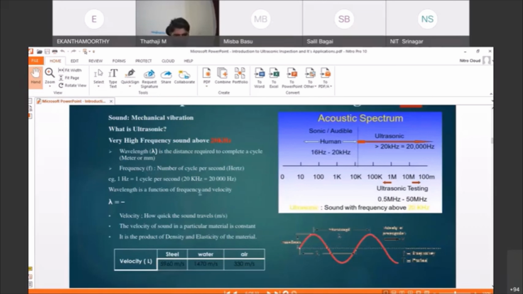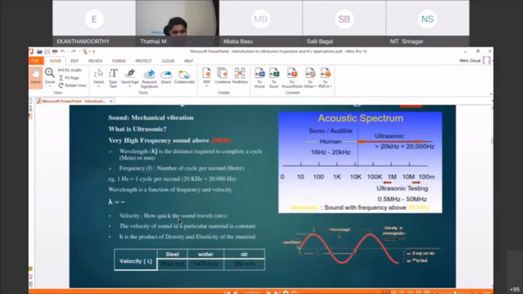And this relation is lambda equals V by F. Regarding velocity, how quickly the sound travels, especially in ultrasonic testing, the three parameters velocity, frequency, and wavelength are very important.